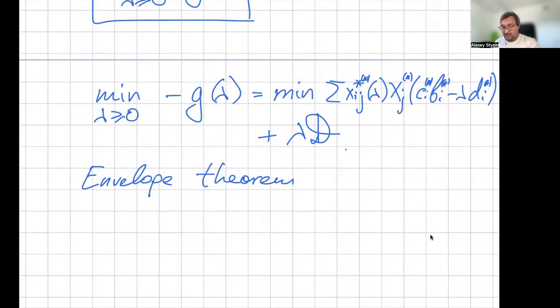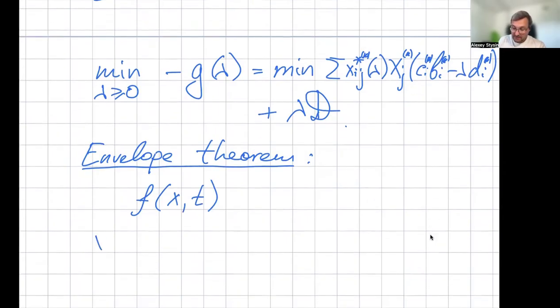The envelope theorem says that, this is just going to be a very small reminder of what the envelope theorem is and what it does. So the envelope theorem really says this. Let's say we have some function f of x and t, and the value function of t is going to be given by maximizing with respect to x of f of x and t.